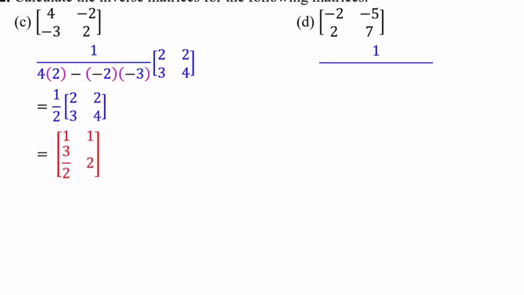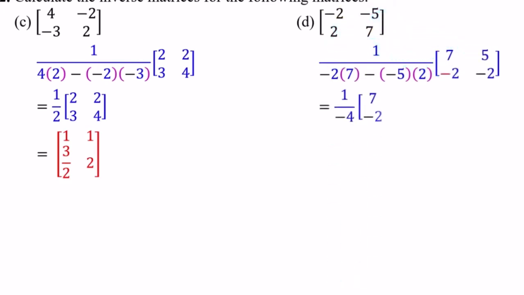And then for D, we will have 1 over negative 2 times 7 minus negative 5 times 2, and then negative 2 and 7 change the position, and then 5 and negative 2, right? So we'll get the answer, which is negative 7 over 4, negative 5 over 4, 1 over 2, and 1 over 2.